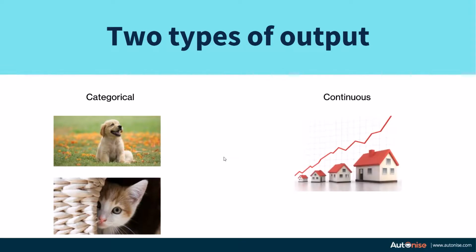Whereas there can be another kind of output, which is the continuous outputs, which is, let's say, we want to predict the value of what the house price would be after a certain number of years. That prediction is a continuous value. It's not categorical like predicting a dog or a cat. So that is why you have two different types of outputs, and based upon the different types of outputs, you'll have different kinds of architecture itself.